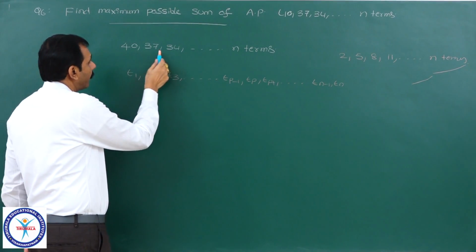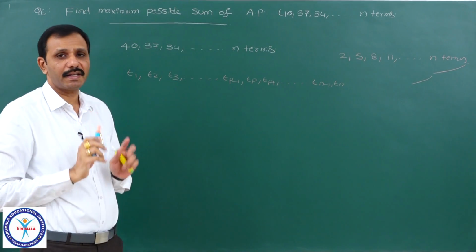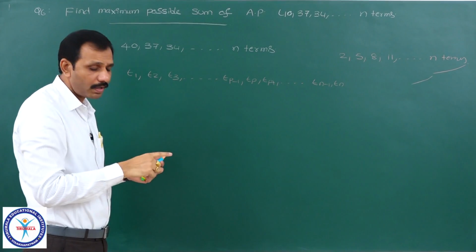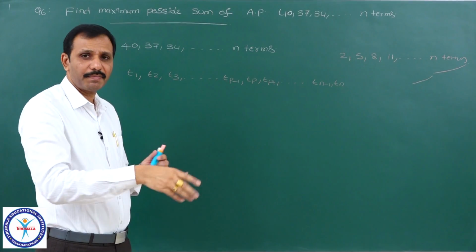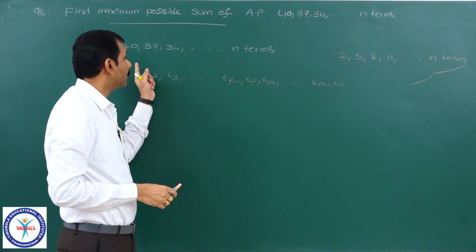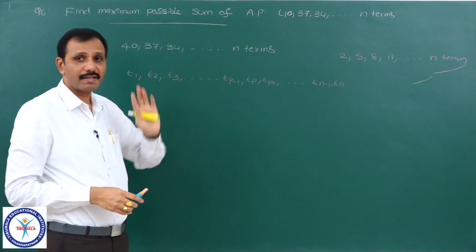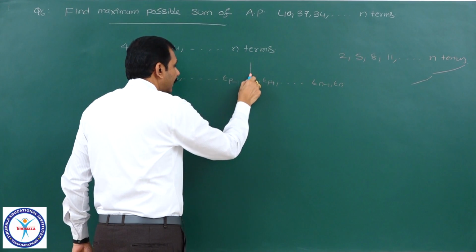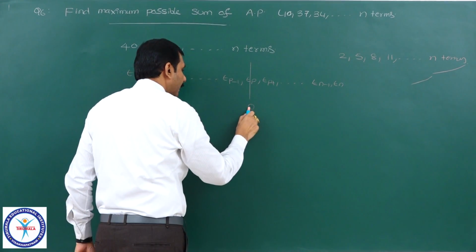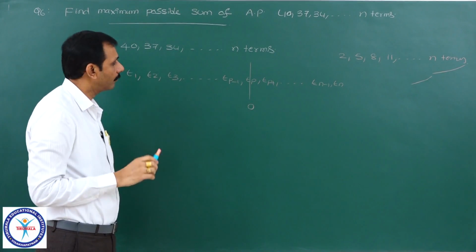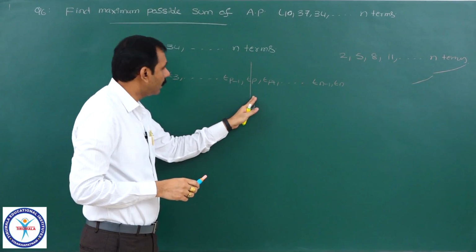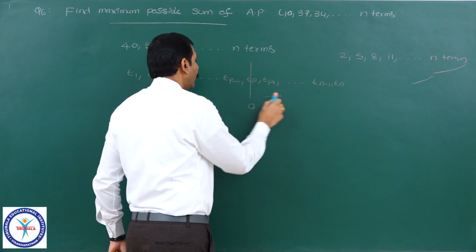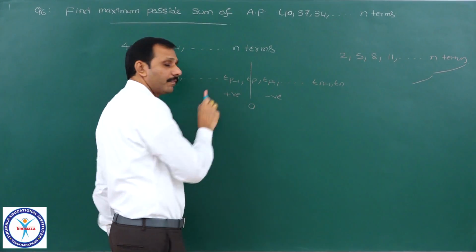Because this sequence of terms are decreasing in order, 40, 37, 34 and so on, it will become negative terms also. That is, even negative terms will come after some time. Suppose somewhere here Tp equal to 0. If it is equal to 0 means after this term will become negative, before this term will become positive.